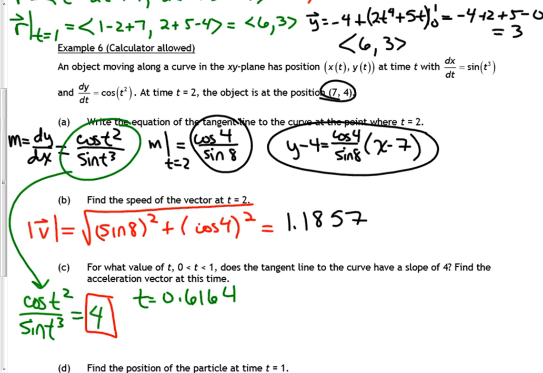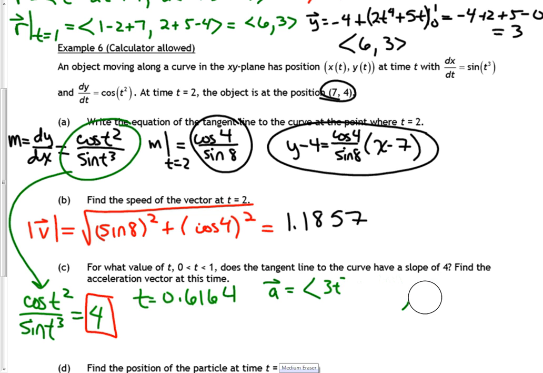Now I need to find my acceleration vector. So for my acceleration vector, I had the derivative of x and the derivative of y. Now I need to take the derivative of those things.